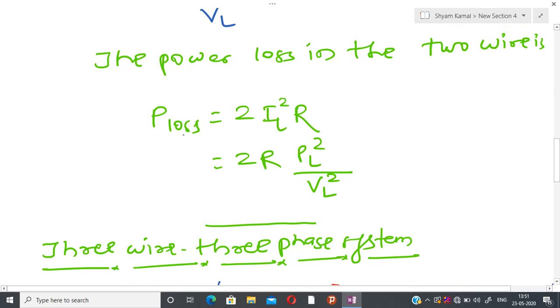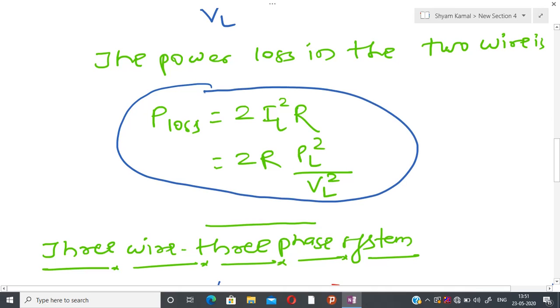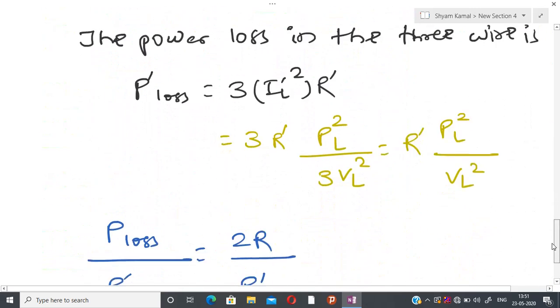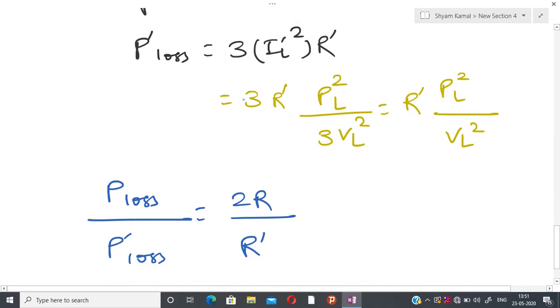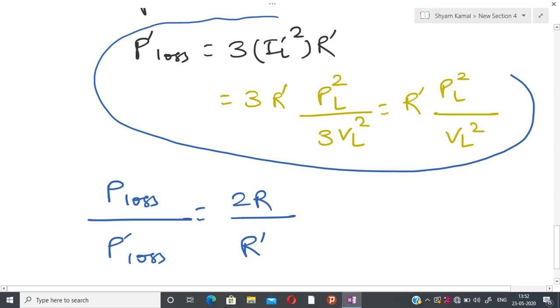You can see here that power loss is given like this, that is 2R PL square by VL square, and in this expression I have again done the calculation of power loss in the three phase wire, that is R dash PL square by VL square. So I have just divided P loss by P dash loss, and after that we are able to get this kind of expression.